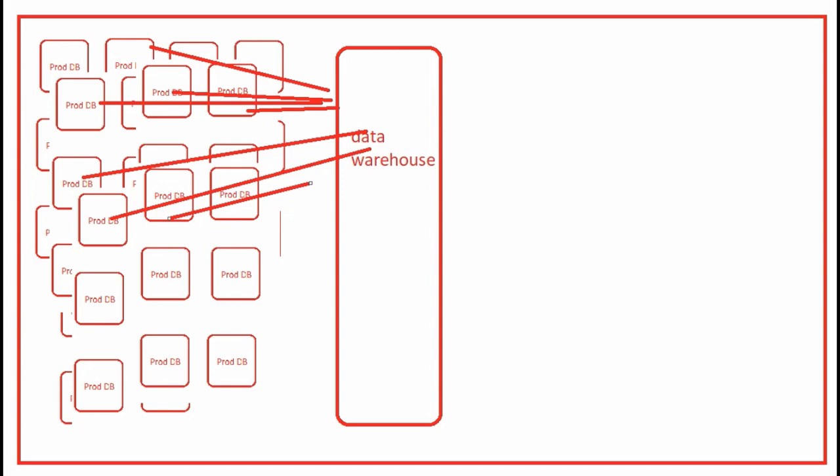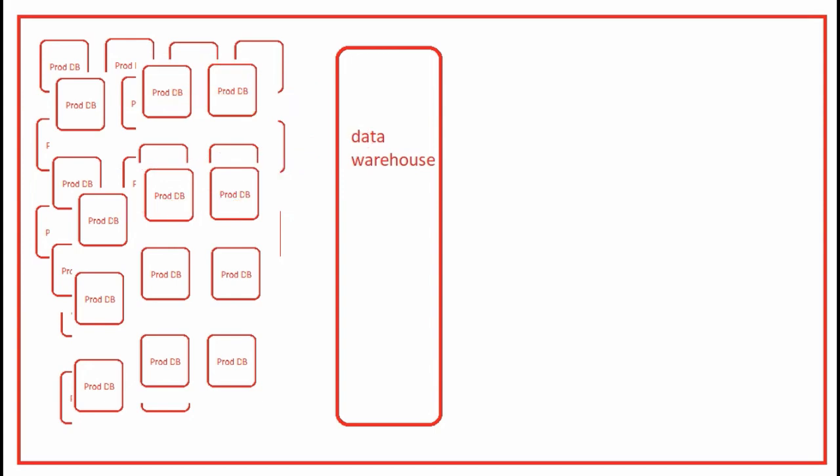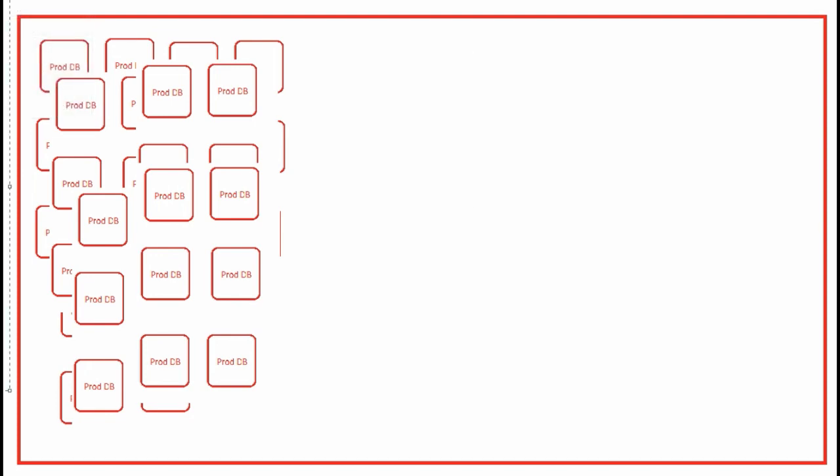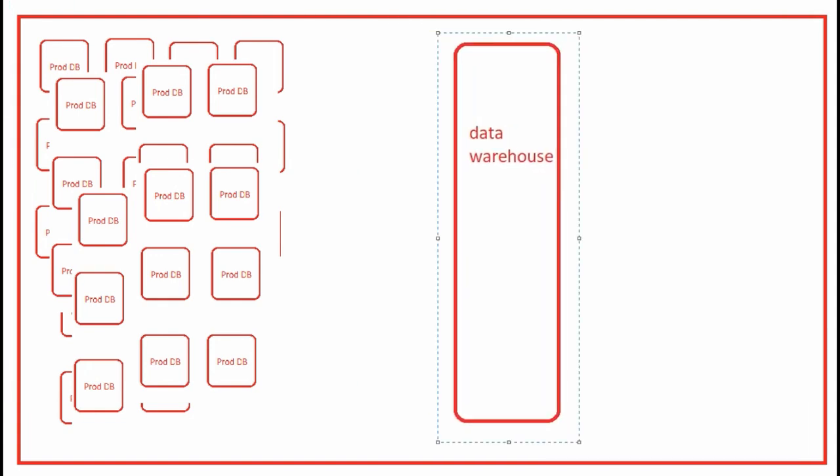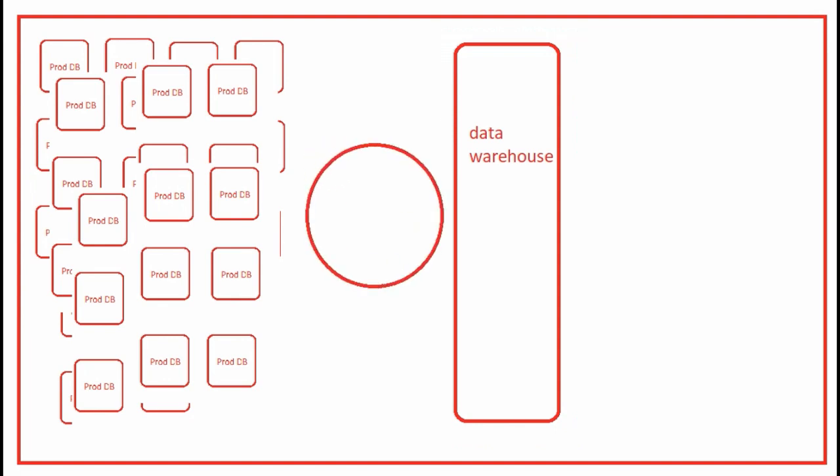Now, how will that particular data come to my data warehouse? For that, I hope you remember we did SSIS. So, in order to get the data into my data warehouse, I'm going to create daily ETLs over here.